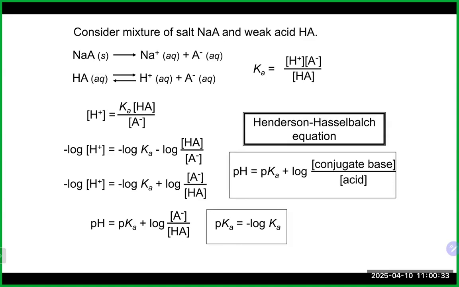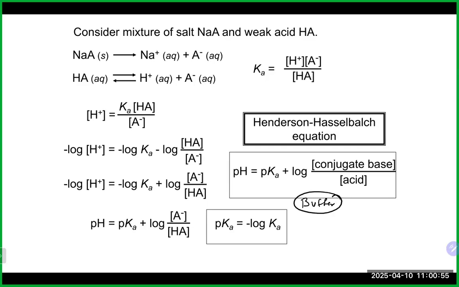The Henderson-Hasselbalch equation is the pH is equal to the pKa plus the log of the concentration of the base divided by the concentration of the acid. The pKa is minus the log of the Ka value. This is pretty much the formula, as we will talk about shortly, that we use for buffers.